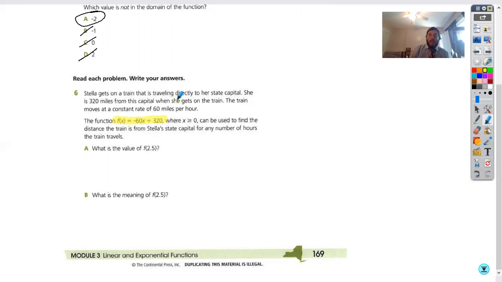Then, as we're going through, the first part here says, what is the value of f of 2.5? So we take our original function, f of x equals negative 60x plus 320. And now we're just going to substitute in 2.5. So f of 2.5 is equal to negative 60 multiplied by 2.5 plus 320.